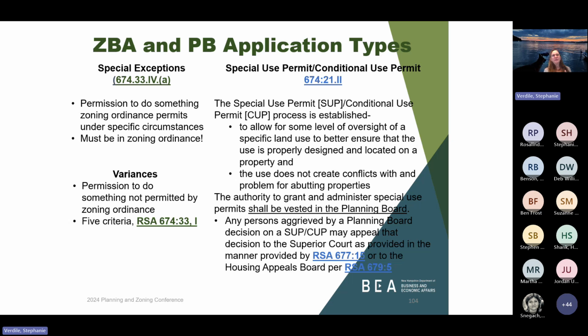But a special exception is outlined in the zoning ordinance, and the RSAs say that a special exception is something that is allowed in the zoning ordinance as a permitted use, but there's another level of review. So say, for example, in order to have a doggy daycare in a residential district, you need a special exception.